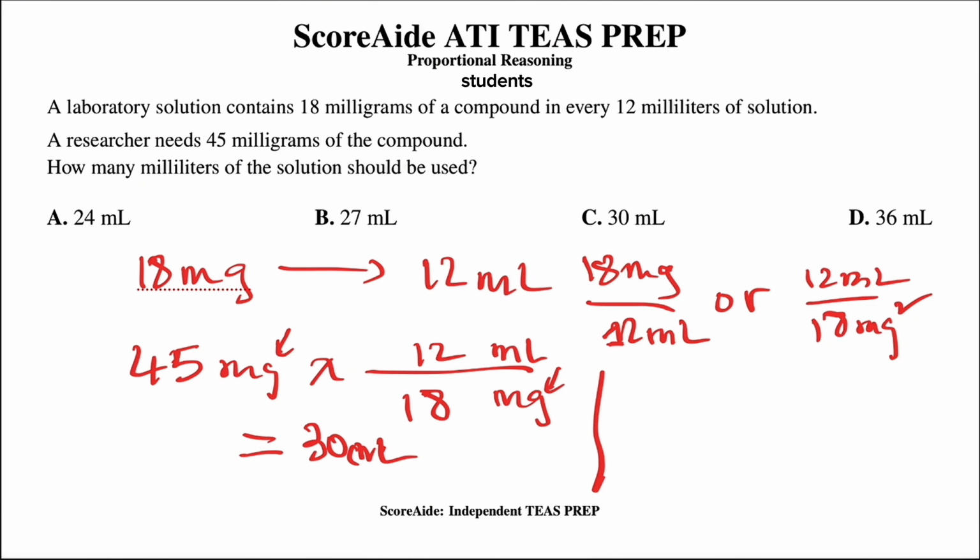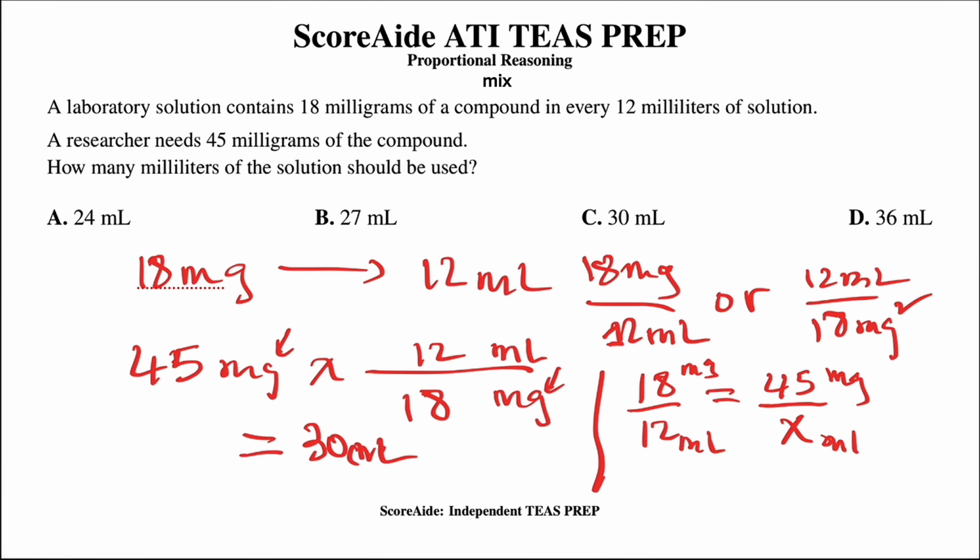Some students will just say 18 over 12 is the same as 45 over x. So remember that this is milligrams and this is milligrams. This should be ml and this should be ml. Don't mix that up.